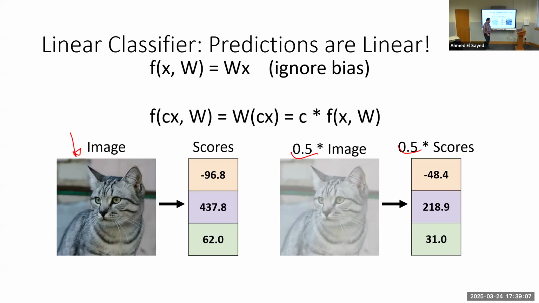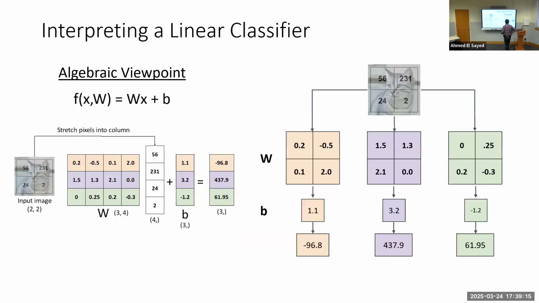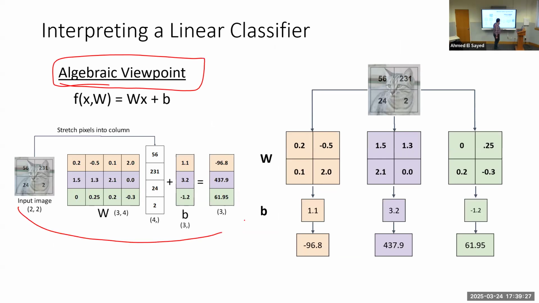Okay? Now, we are calling this model an algebraic representation. This is a simple perceptron model, and this is the algebraic representation of the model.